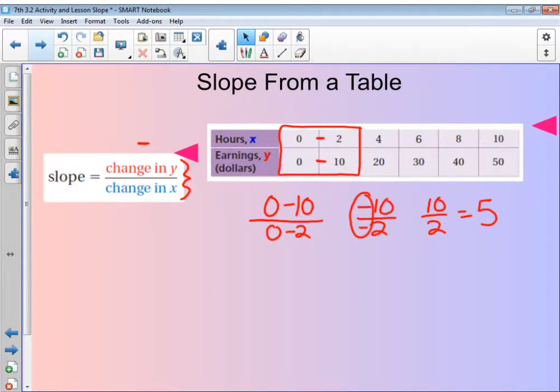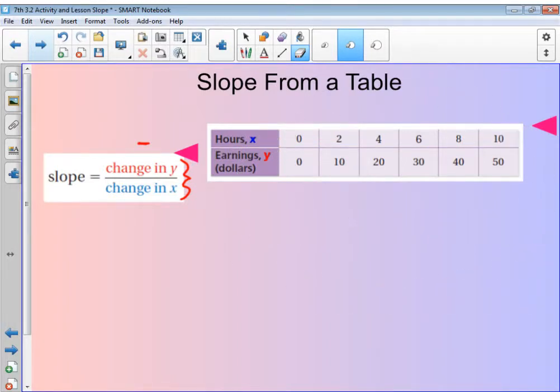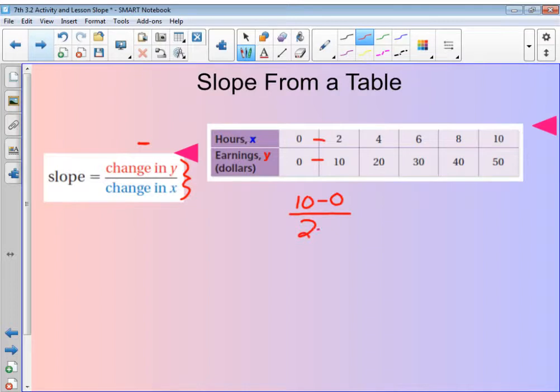I do have some kids that'll ask, could I reverse the way that I subtracted those? So instead of writing 0 minus 10, could I do 10 minus 0 and 2 minus 0? Yes, you can. You just have to make sure that whatever order you choose for one of them, you do them in the same order. Here, I did the 10 first, and then the 0, so I have to do the same thing with my x's.